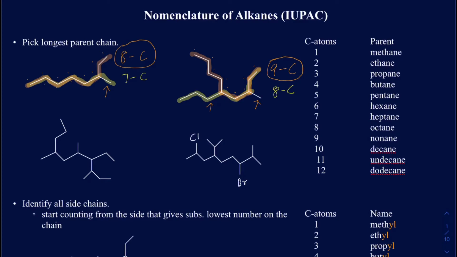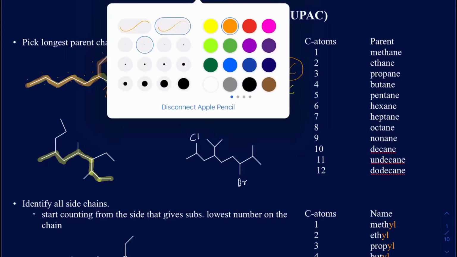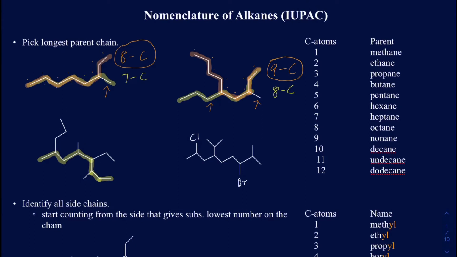Okay, so one of the possibilities there is going from left to right, just like this. And maybe not all the way to the right, but coming down here is going to give you a longer chain than going straight to the right. And in this case, the number of carbons I have would be 1, 2, 3, 4, 5, 6, 7, 8 carbons.